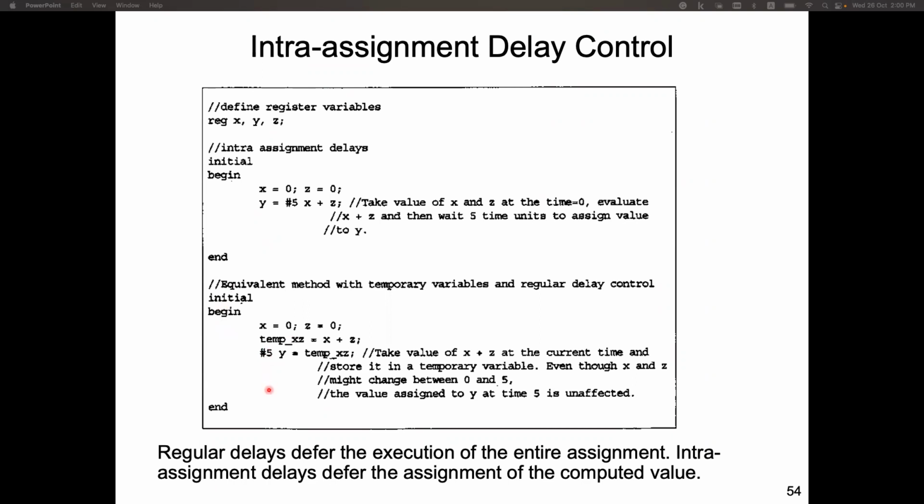Here is one for comparison. To achieve the same effect using regular delay control, we need to do the following. Our first line is the same. Then we need to store the sum of x and z, or the sum of x and y, into some temporary variables.